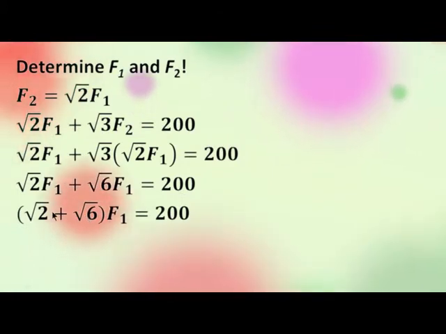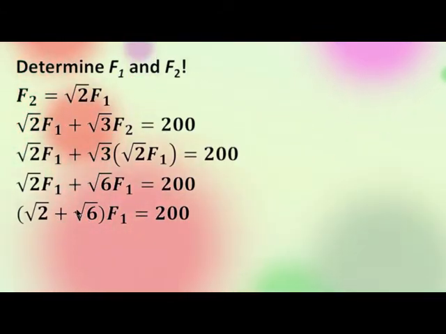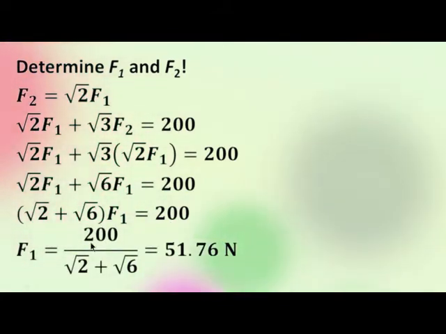So square root of 2 plus square root of 6, multiplied by F1, equals 200. So F1 equals 200 over square root of 2 plus square root of 6. By calculator, you will find that F1 equals 51.76 newtons.